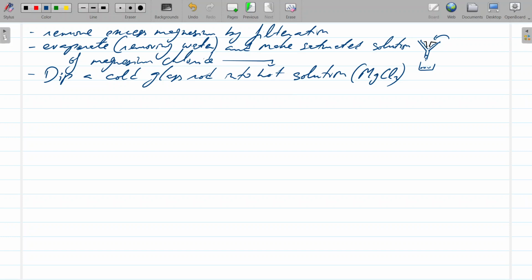If salt crystals form at the end of the glass rod that you've dipped in, the cold glass rod, then the solution is ready to crystallize.